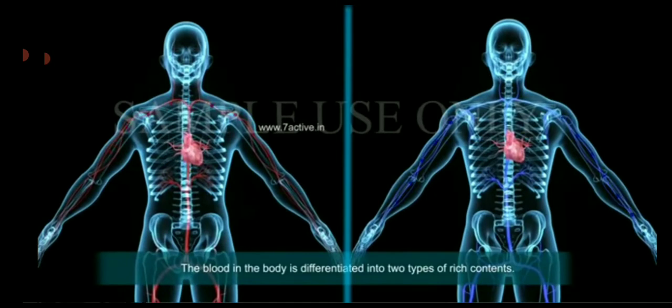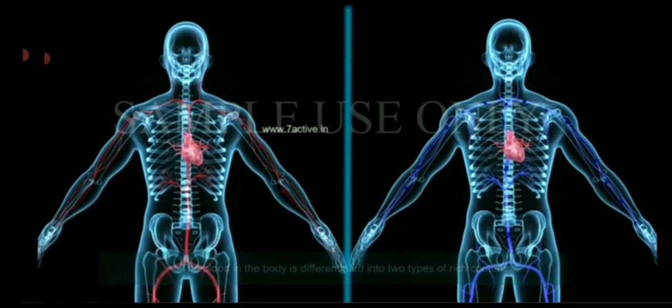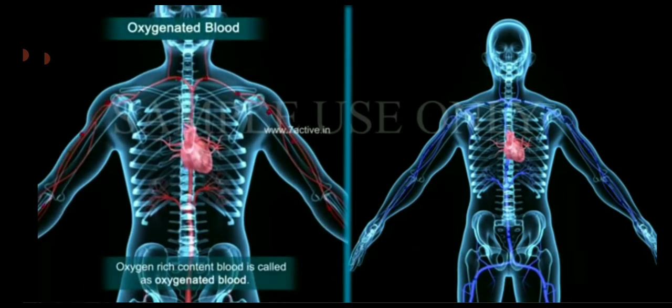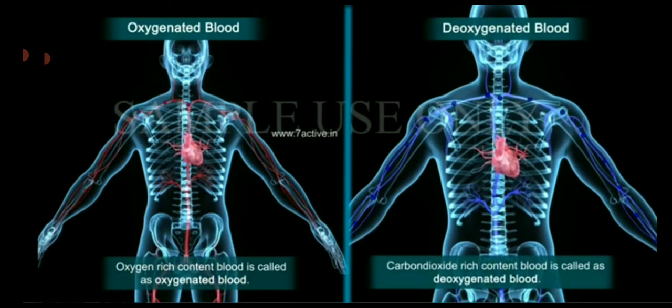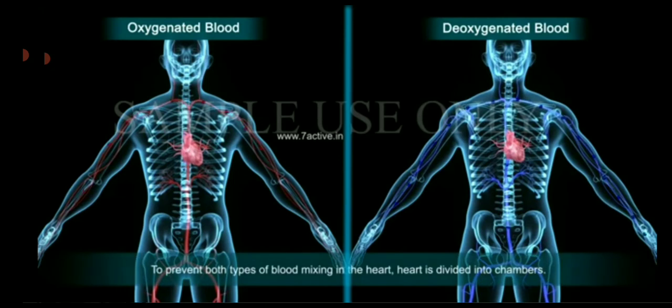The blood in the body is differentiated into 2 types based on rich contents. Oxygen-rich blood is called oxygenated blood. Carbon dioxide-rich blood is called deoxygenated blood. To prevent both types of blood mixing, the heart is divided into chambers.